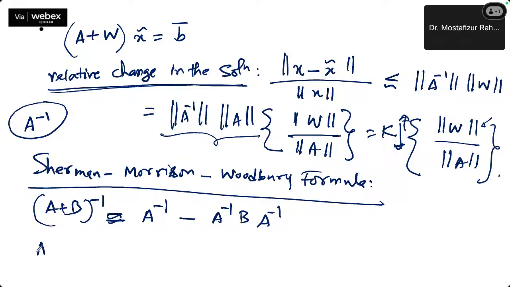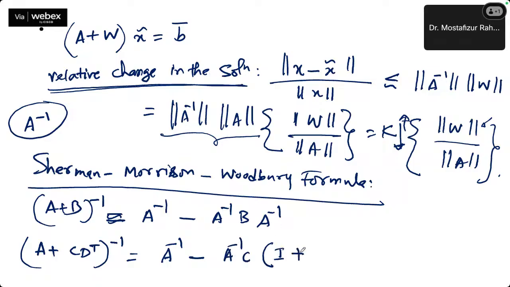The theorem is: A plus CD, with C and D two other matrices, whole inverse equals A inverse minus A inverse C. There is a big proof. I am not giving the proof, but just mentioning it here so that you can keep in touch with it.